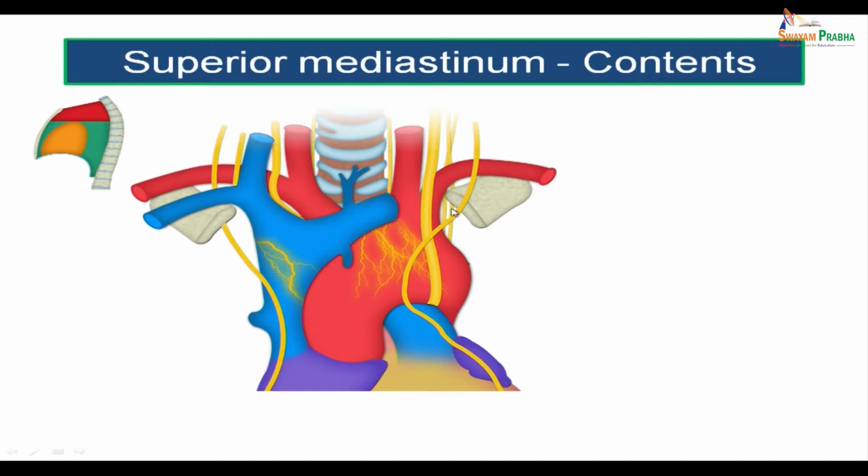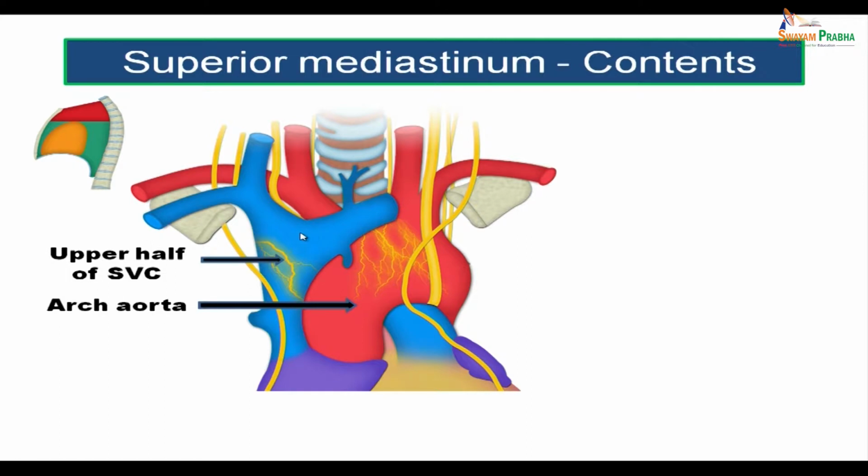Let us look at the other contents. You find the upper half of the superior vena cava present in the superior mediastinum, along with its tributaries, that is the right and left brachiocephalic veins. The next content which you see in the superior mediastinum is the arch of aorta.